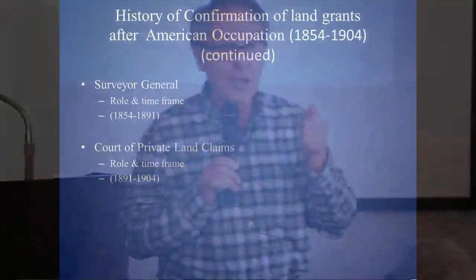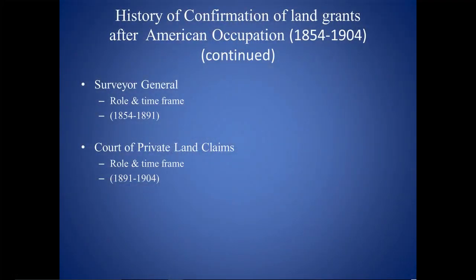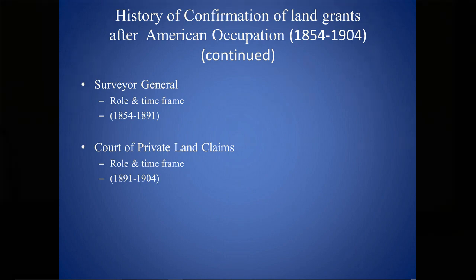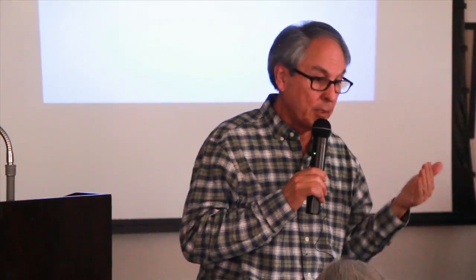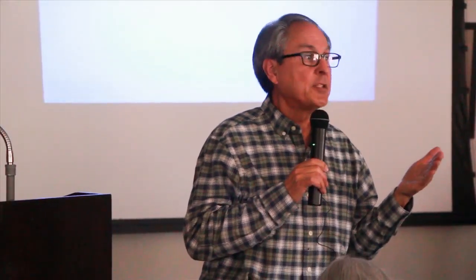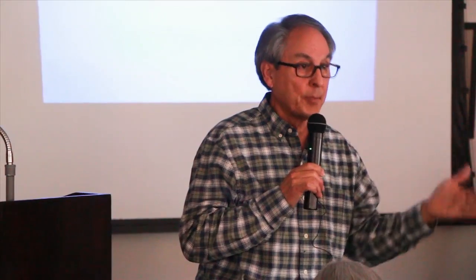Okay, Bill. Oh, back up. The Court of Private Land Claims is another source that you're going to be aware of. So the Surveyor General was in place from 1694 to 1891. As he was submitting stuff to the Congress for their approval of the land grants, they became so backlogged that they stopped approving.